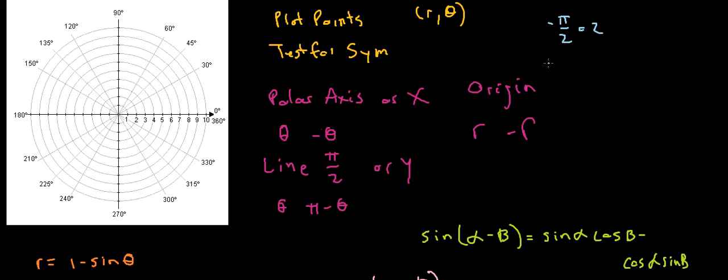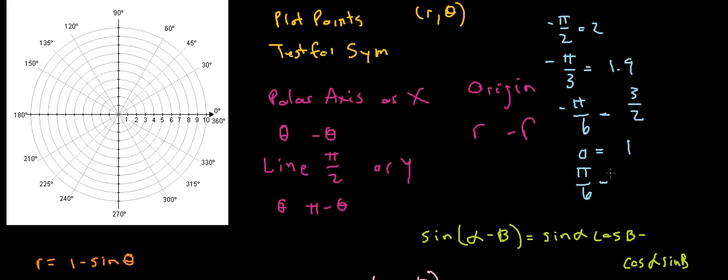Minus pi over 3 is equal to, I rounded it to 1.9. Minus pi over 6 is equal to 3 over 2. 0 was equal to 1. Pi over 6 is equal to 0.13.